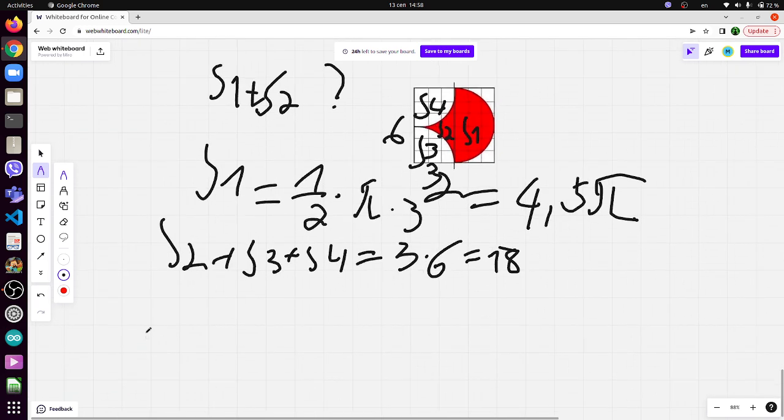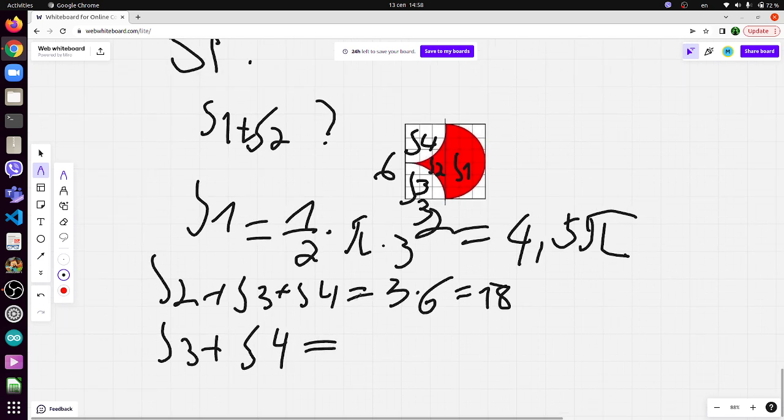So we can find S3 plus S4, because both of them are a quarter circle with the same radius, so they make a half circle. It's 1/2 times pi times 3 squared, which is 4.5 pi.